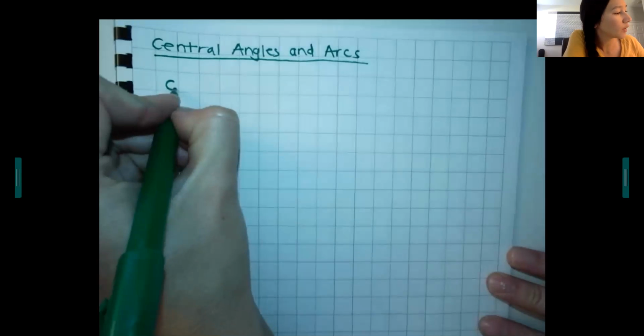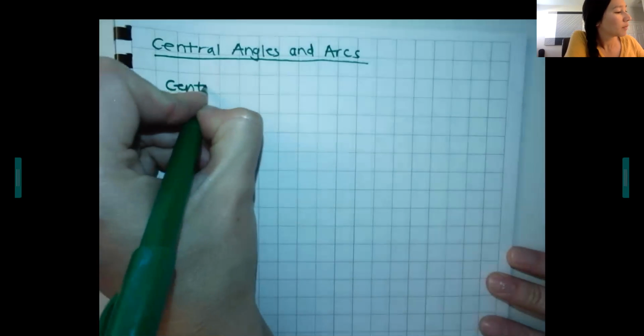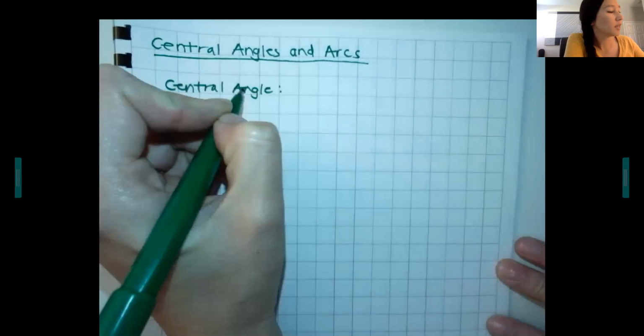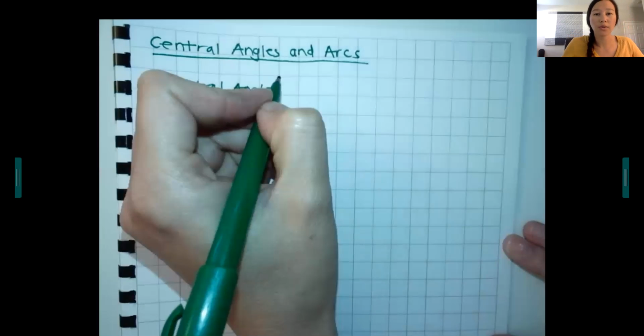Okay, so a central angle is an angle with a vertex at the center of the circle.